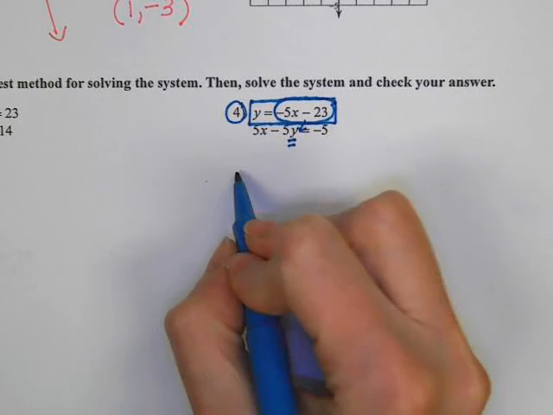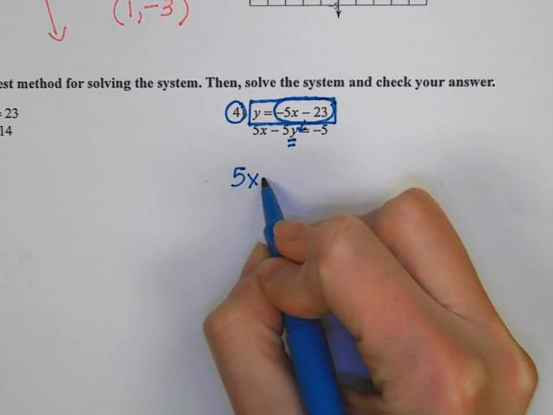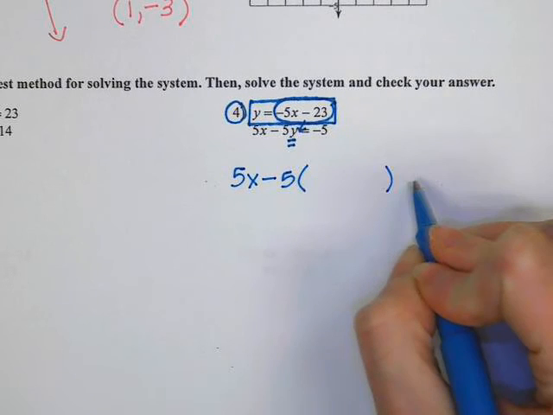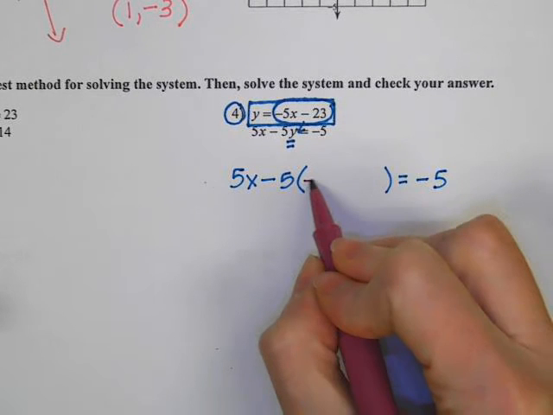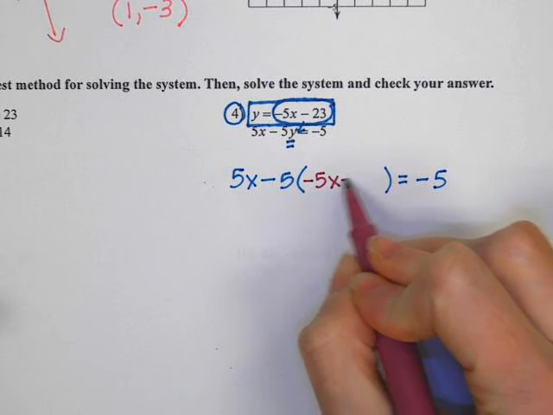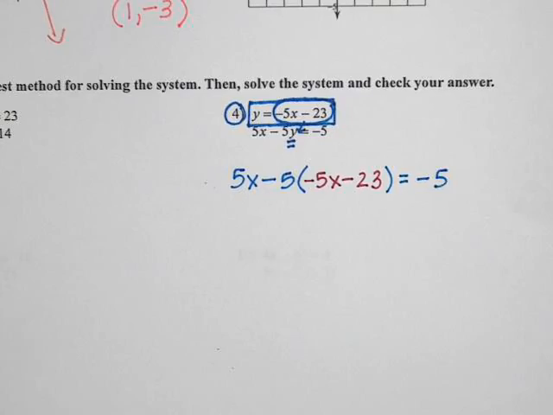All right, so I'm going to rewrite the other equation. I'm just going to copy down the other equation, but I guess y didn't feel like playing anymore. So wherever we saw a y, we're going to plug in -5x minus 23 because that was what y equaled, so we can make a sub.